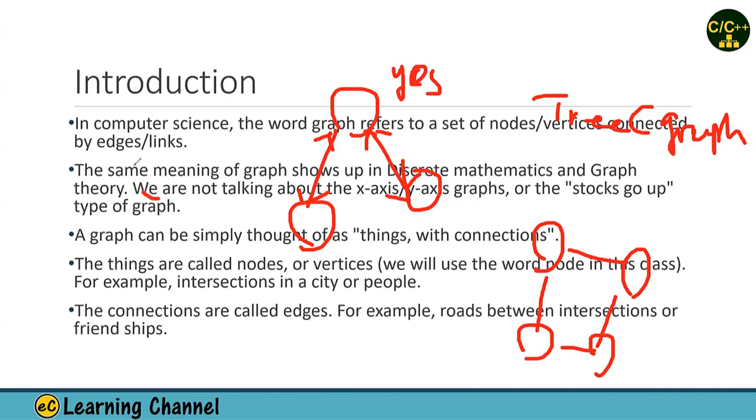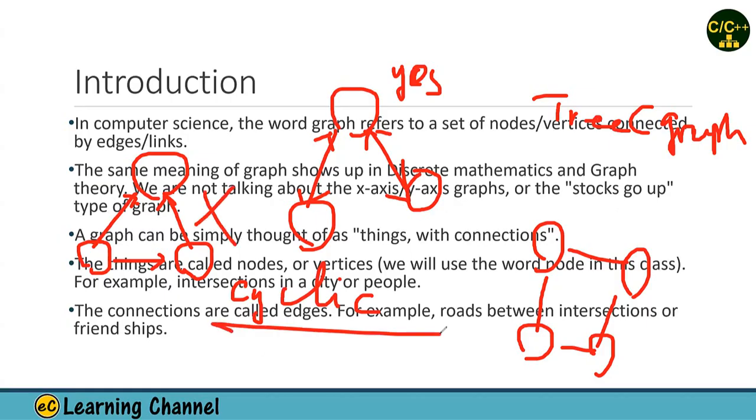So the only thing that makes it not a tree is when your graph is cyclic. A tree cannot be cyclic. Cyclic means that you have a circle among your nodes. Is that okay?